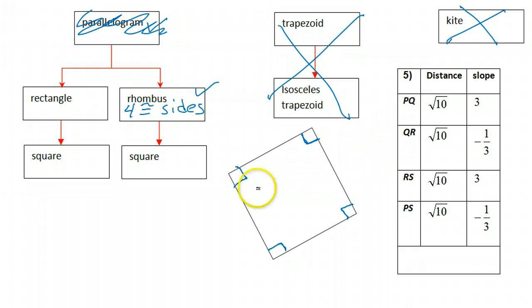So, if these are 90-degree angles, these are perpendicular lines. And the slopes should be opposite and reciprocal. Here I have 3, and then the next consecutive one is negative 1/3. Are these perpendicular? Yes.